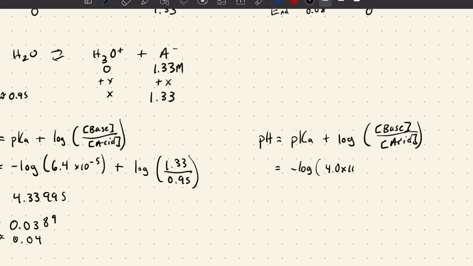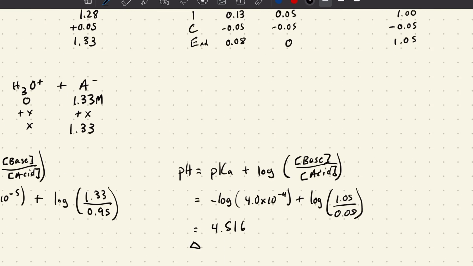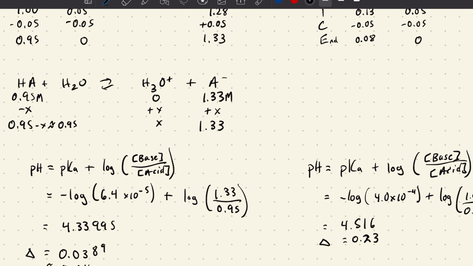Now this one's got a different Ka value. So when I find the change for this one, going from 4.284 to 4.516, that change is 0.23. And that is a much, much bigger difference.